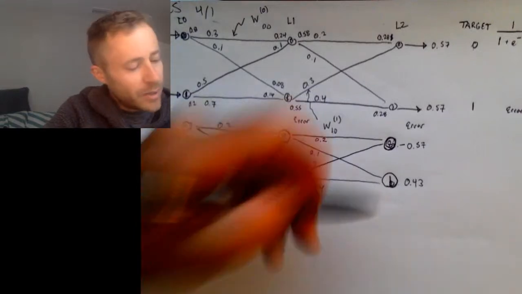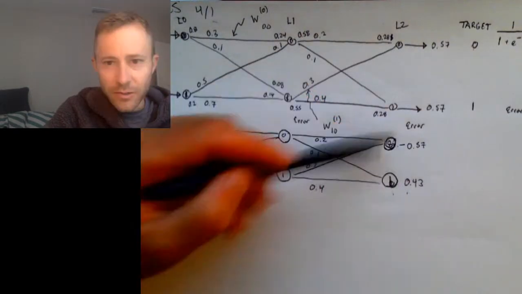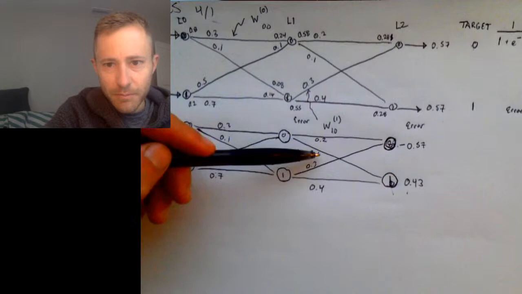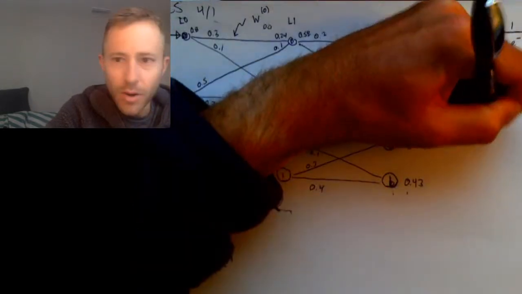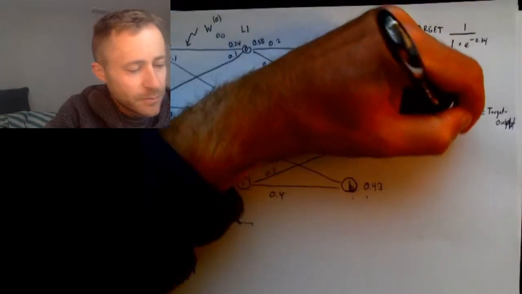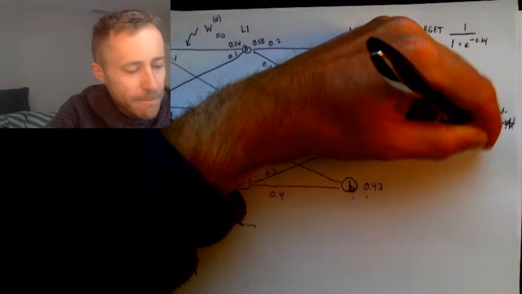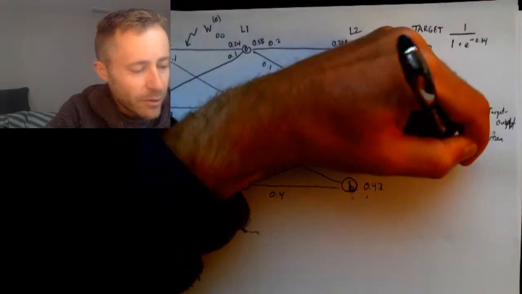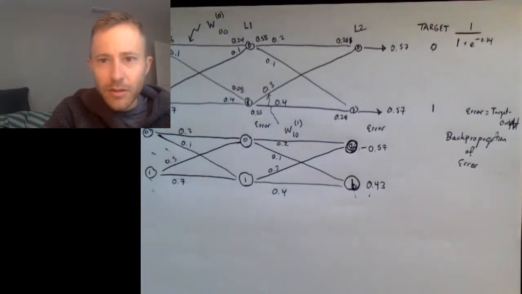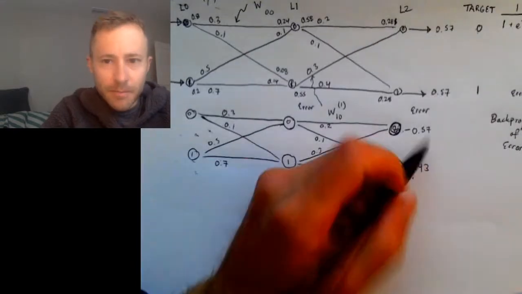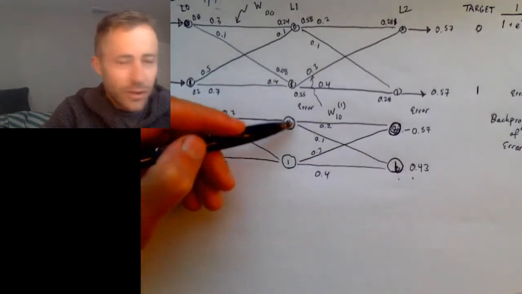So you need the error to adjust the links in the layer just before that. All right, so we have to do what's called back propagation of error.